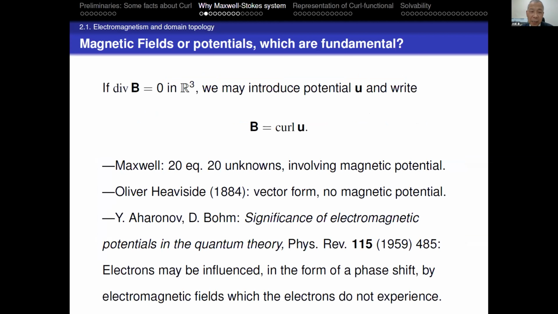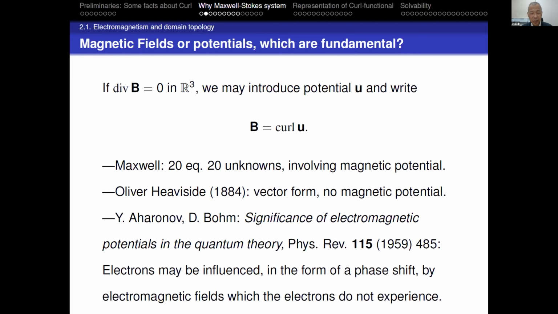All right, now, because of the second equation, divergence of B equals 0, if we assume that this condition holds in the whole space, then the whole space is simply connected, and you can introduce a magnetic potential U and write B equals curl of U, and plugging this relation into the Maxwell equations, you can eliminate B, and you have equations for U and for E. And then the question is, can we understand electromagnetism using only E and B, E and U, or E and H?